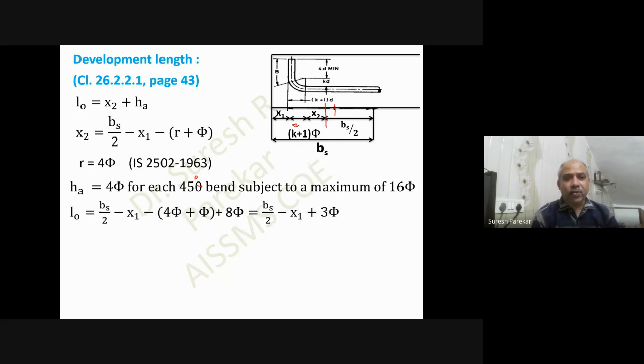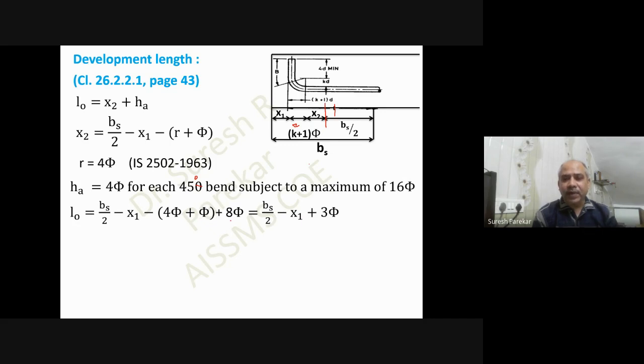Now L0 we have to calculate. L0 is x2 plus HA, and this x2 we are going to find out, which is BS by 2, that is from the center, minus x1, which is the cover, minus this value, which is (k plus 1) phi. So k is 4, so 4 phi plus 1 phi plus 8 phi.